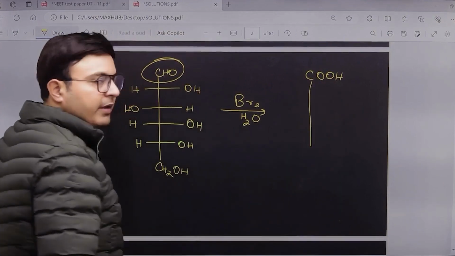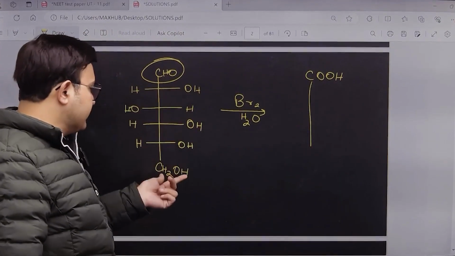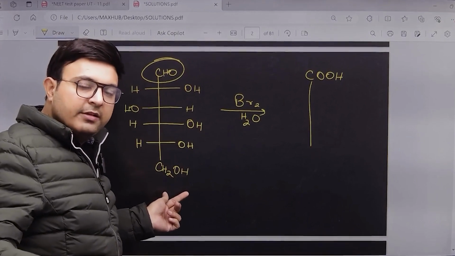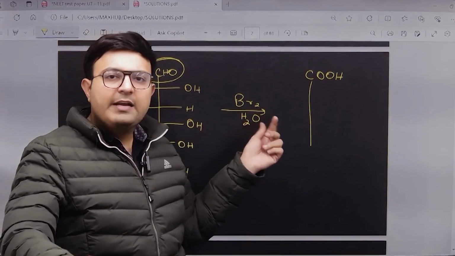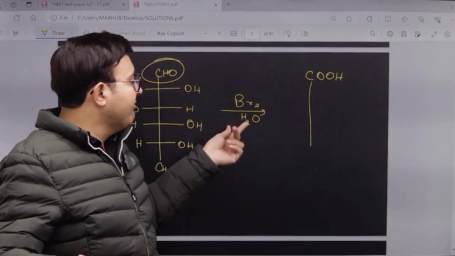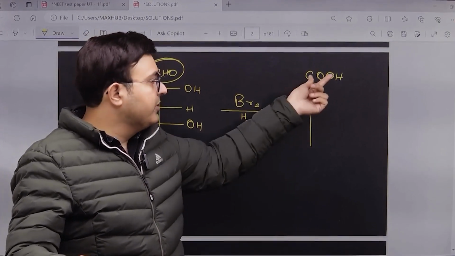Rest everything will remain the same. If you want to oxidize the alcohol groups also to carboxylic acid, then you will have to use nitric acid here, but since we are given bromine water, only this will be oxidized.